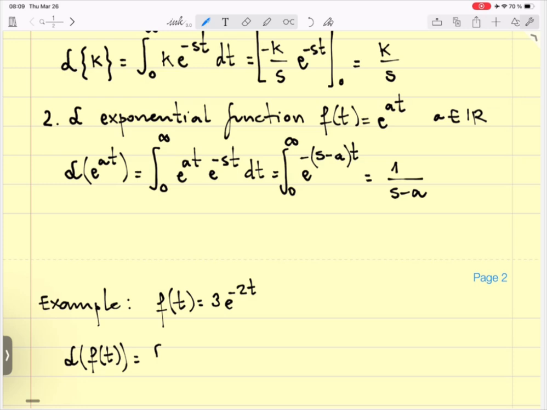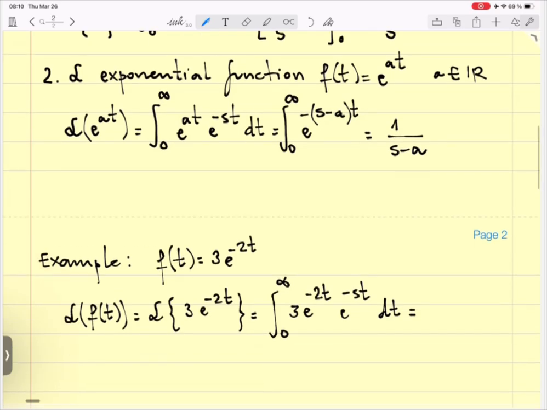Then the Laplace transform applied to this function is straightforward. It is the integral between 0 and infinity of 3 times e to the minus 2t times e to the minus st dt.